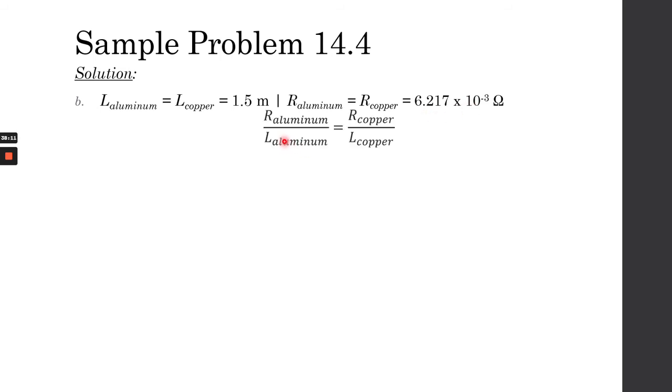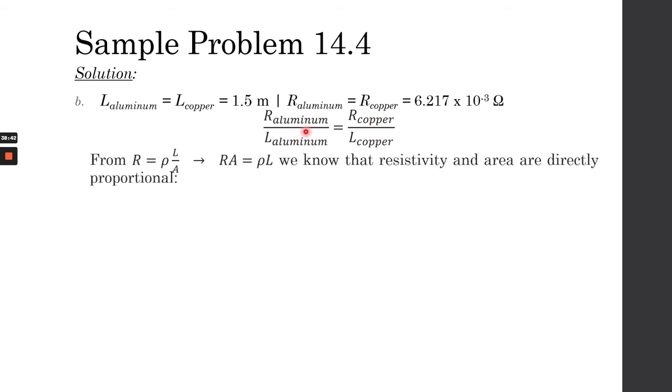And we know that the relationship between the resistance and the length is that the resistance of the aluminum over the length of the aluminum should be equal to the resistance of the copper divided by the length of the copper. We know this because the resistance and the length are directly proportional, and when two things are directly proportional, then the ratio should be constant or should be equal.